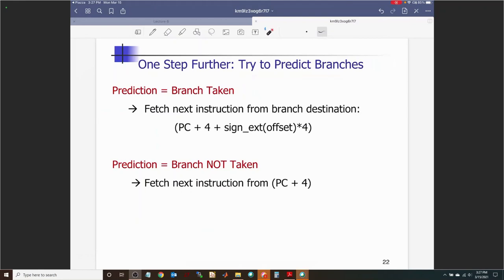You're trying to predict whether to work on the next instruction or the branch instruction. In other words, you're trying to predict the branch is going to be taken or the branch is not going to be taken. So what would you base this prediction on?